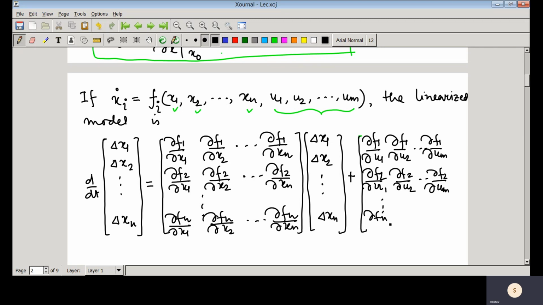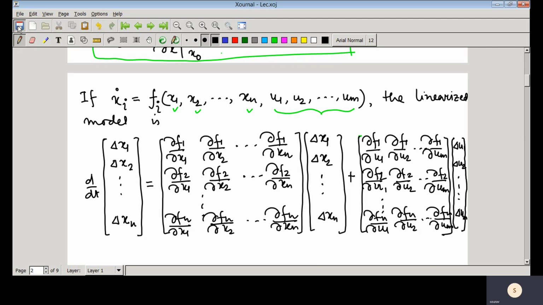Similarly, you have del fn by del u1, del fn by del u2, and del fn by del um. So this is actually your linearized model's input matrix, and the input vector, that is delta u1, delta u2 to delta um.